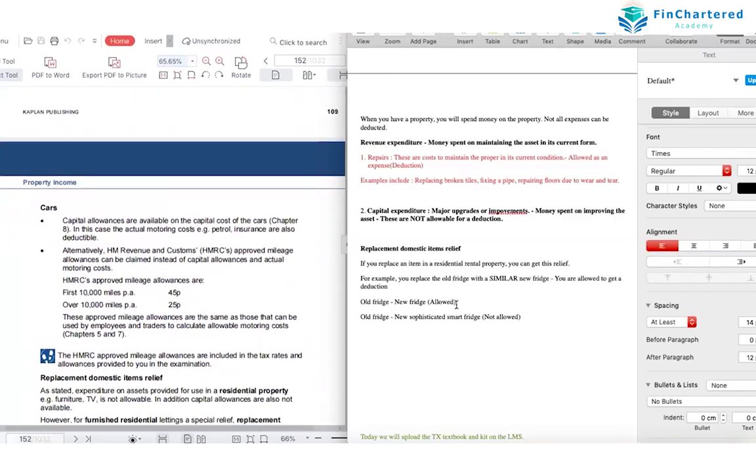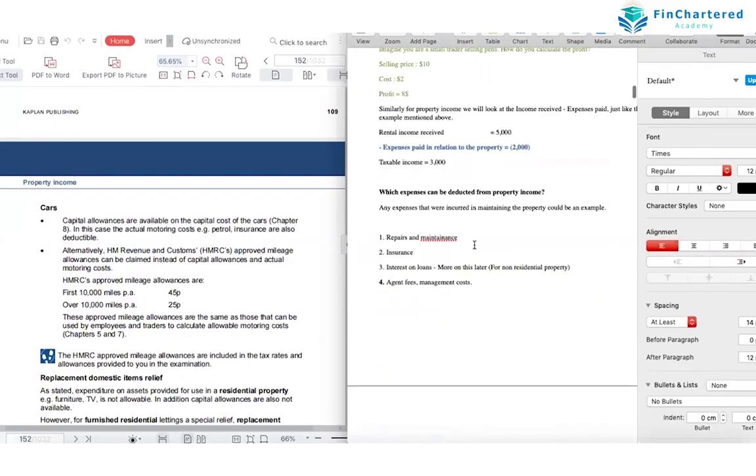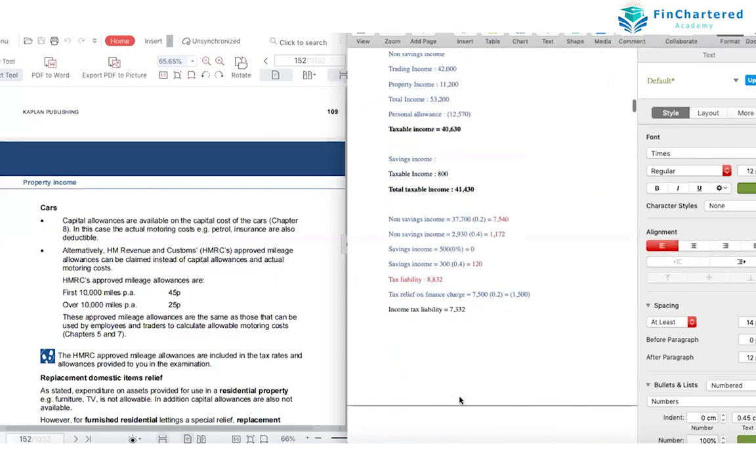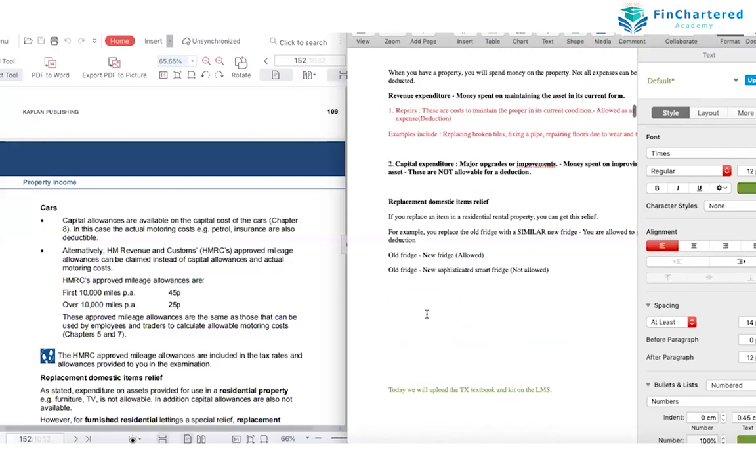So again, with respect to cars, we looked at replacement and now we're looking at cars. When it comes to cars, again, we'll look at this in a lot more detail in a later chapter.